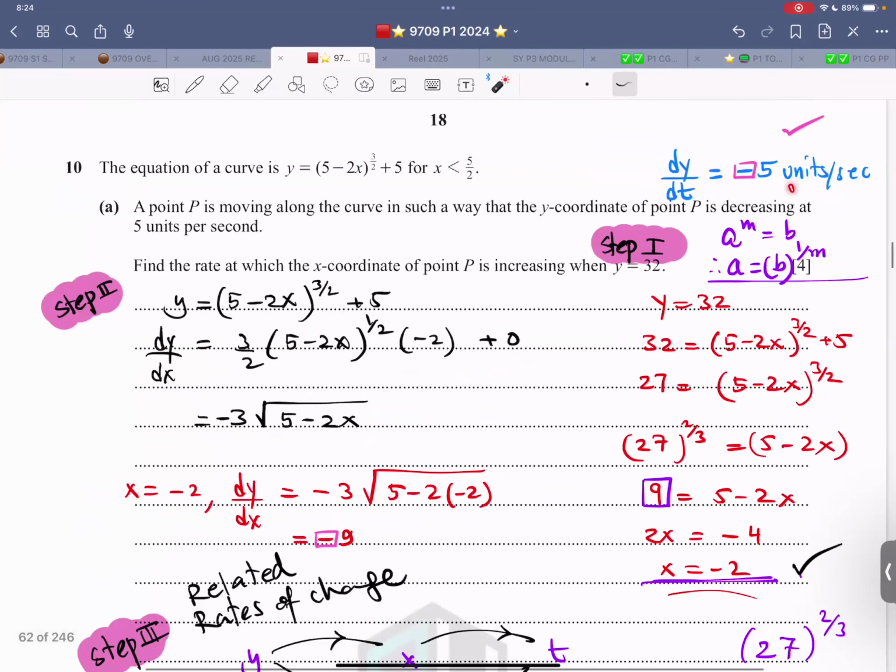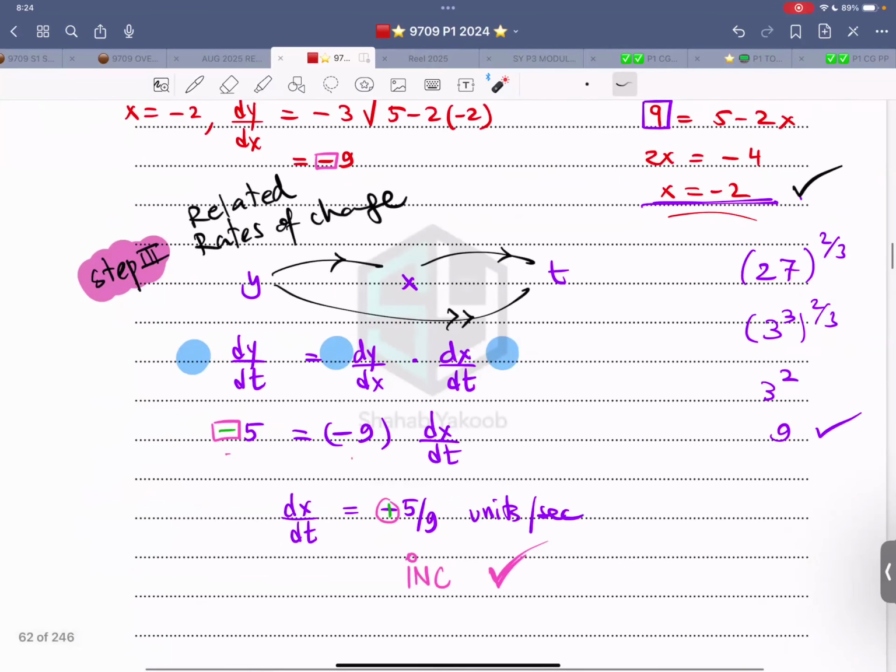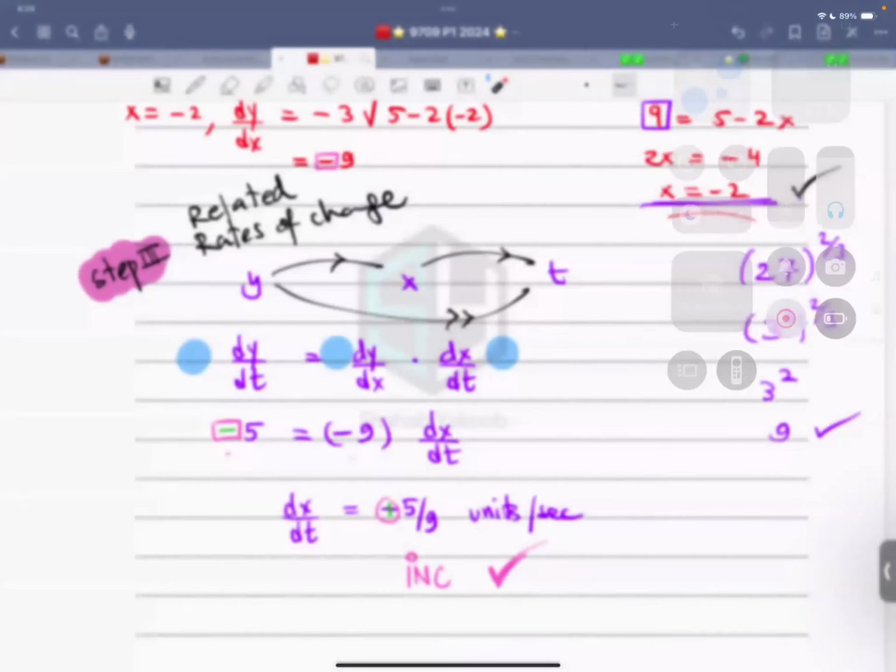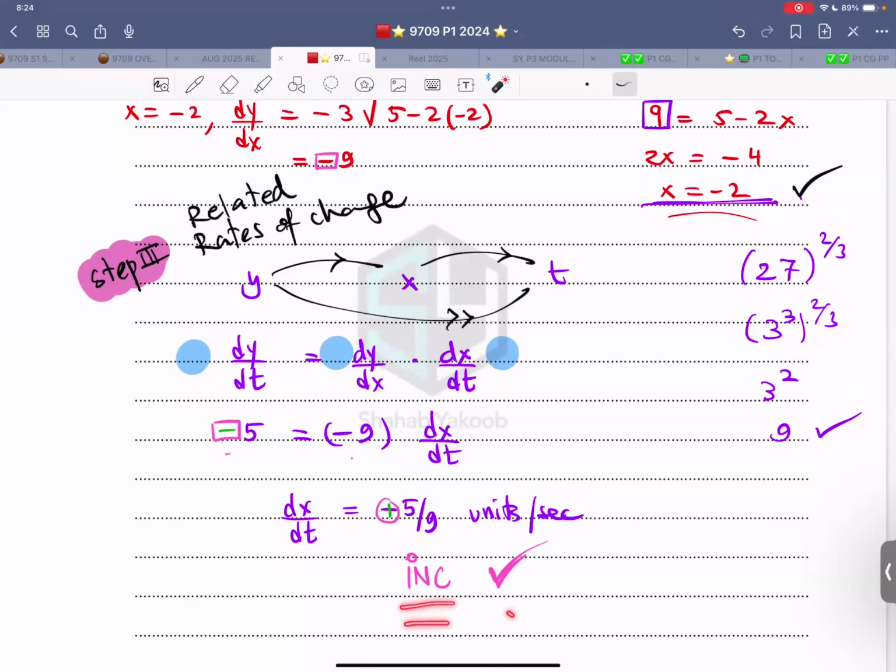That is given at the beginning of the question. dy by dx, just evaluate it. dx by dt becomes the subject. Yes, it's coming out to be positive. That means it is increasing at this rate. I hope everyone got the idea loud and clear. So rates of change, I hope this is all good, all clear.